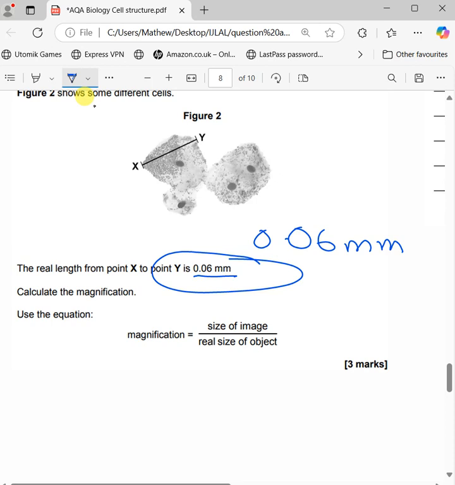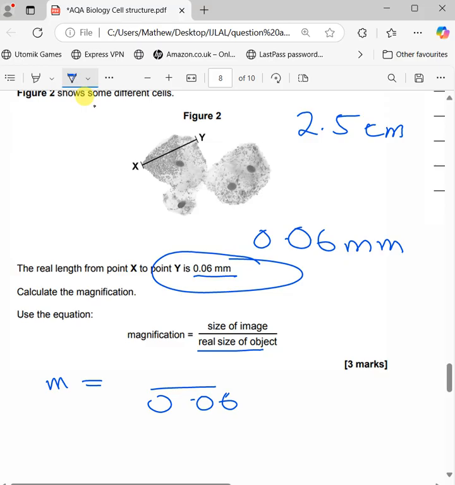So magnification M will be equal to size of the image over size of the object. We have the object at 0.06. To get the size of the image, all you need to do is get your ruler and measure from this point to this point. Let's say your ruler gives you maybe 2.5 centimeters.